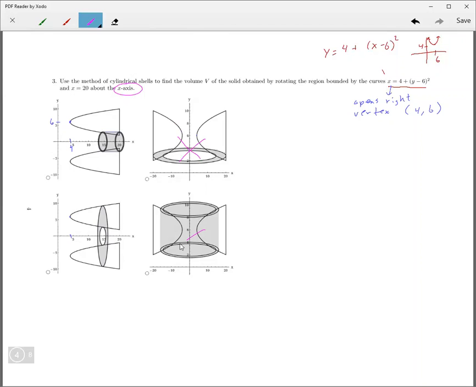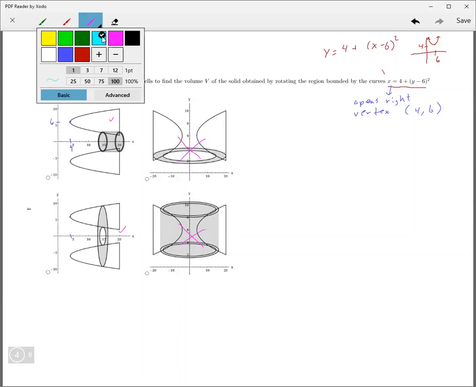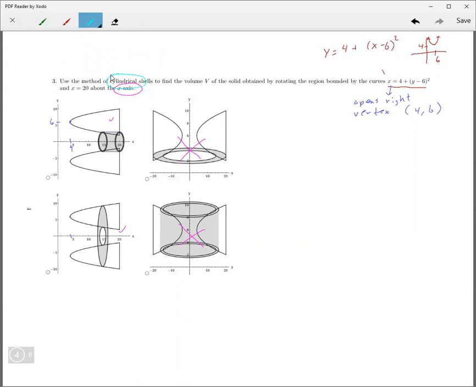So that means that this one and this one are out, and these two are okay. These two are specifying the correct region, but then right here it's saying to use cylindrical shells, and that's not a cylindrical shell, and that one is. Okay, so that means this is going to be the answer.